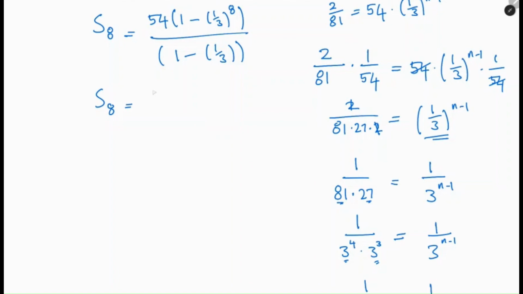What is 3 to the power of 8? You can punch it in on your calculator, and you should get 6561. And at the bottom we've got 1 minus a third, so we've got 2 over 3.